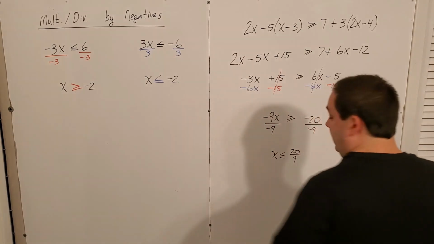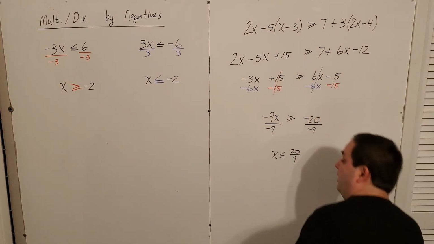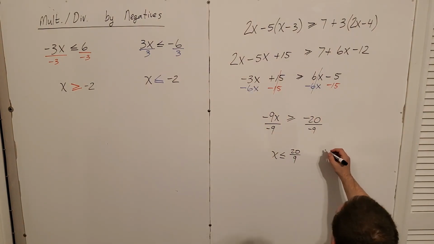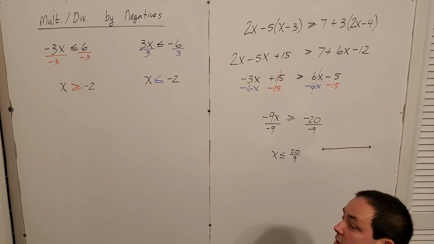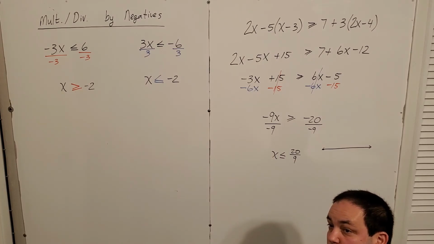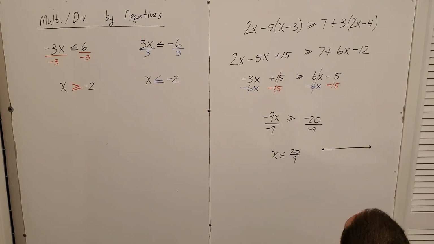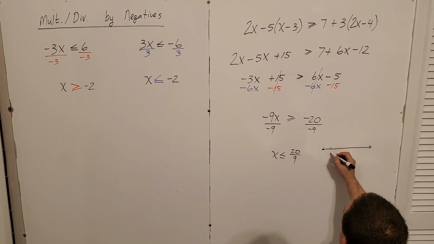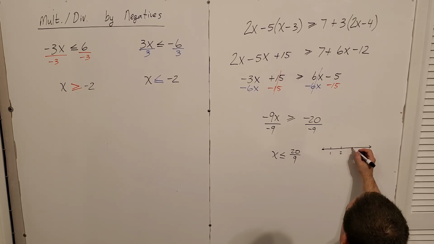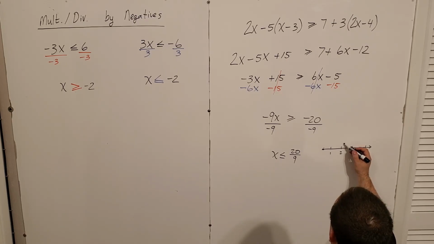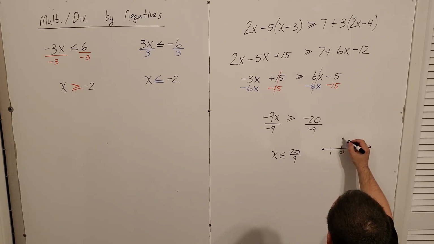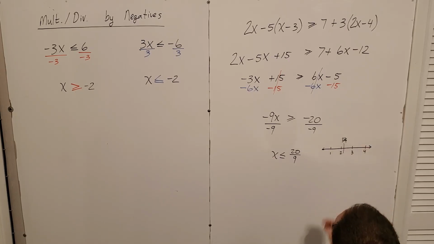Okay, now since this is an inequality, right, we finish it up by doing the other two formats of solution set. 20 over 9 is just a little bit bigger than 2. It's 2.22222, right? So I'll put a few numbers on here that are around that. And 2.2222 is going to be somewhere about right here-ish. So there's 20/9ths on the number line right there.